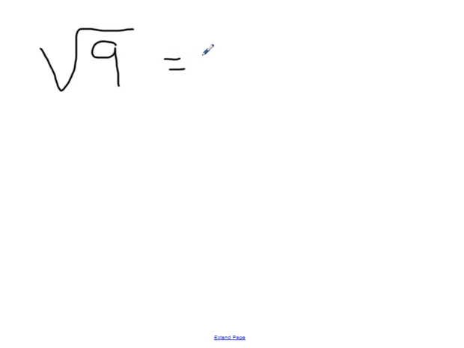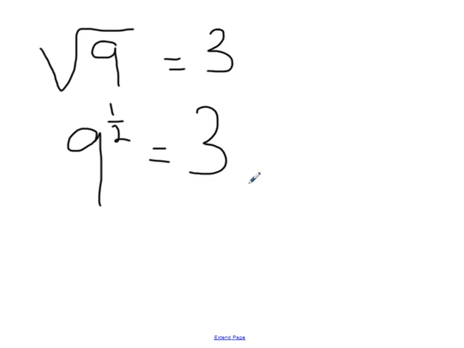We know this is 3. Now we could also write the square root of 9 as 9 to the power half. So this is to the power half, and that is 3 as well. So square root and the power half are the same thing.